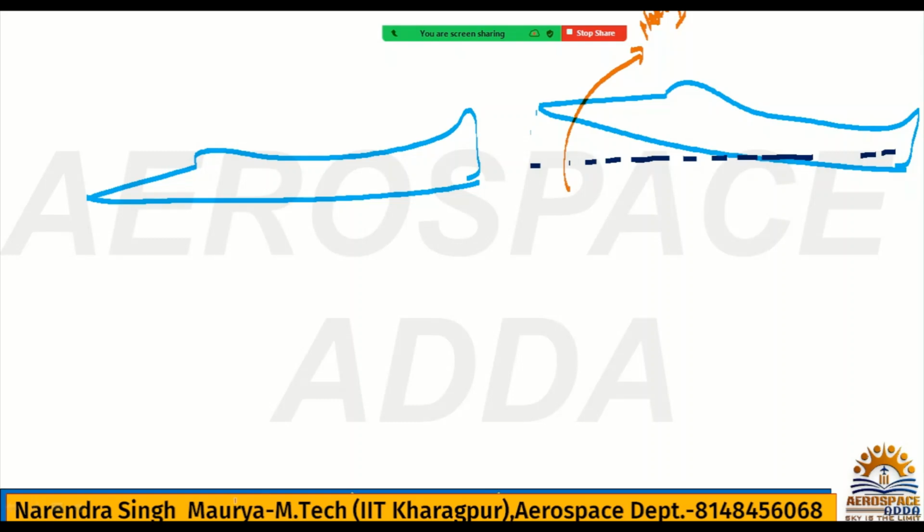So if this airplane is stable, it will try to come back to its position once the disturbance is gone. Okay, so it will have the restoring moment. This is called restoring moment. So if it has a restoring moment, then after the disturbance it will try to come back to its original position. Simple.